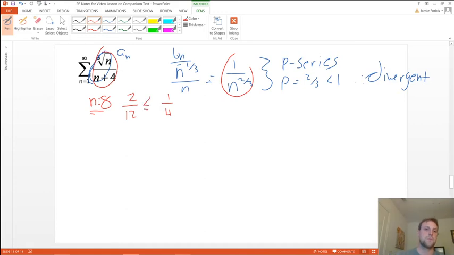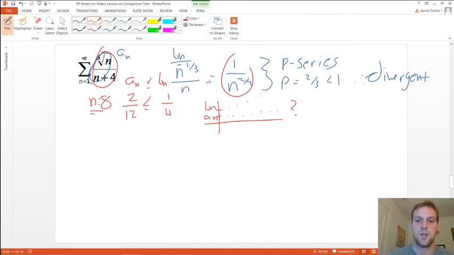So a sub n is actually less than or equal to b sub n. If I drew that out, here's b sub n. I know it's diverging. A sub n being less than that, I cannot make a conclusion using the comparison test. So the limit comparison test is my next best bet.